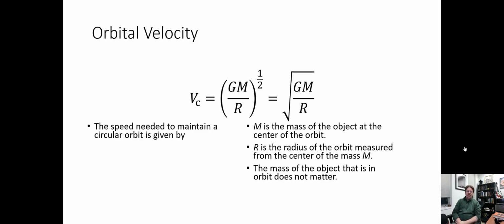And so the minimum velocity that you need in the forward direction in order to obtain a circular orbit is the square root of the gravitational constant, G, times the mass of the body you are orbiting around, divided by the radius of that body. So for the Earth, that would be the mass of the Earth and the radius of the Earth. So that is the first orbit that you could obtain, is a circular one.